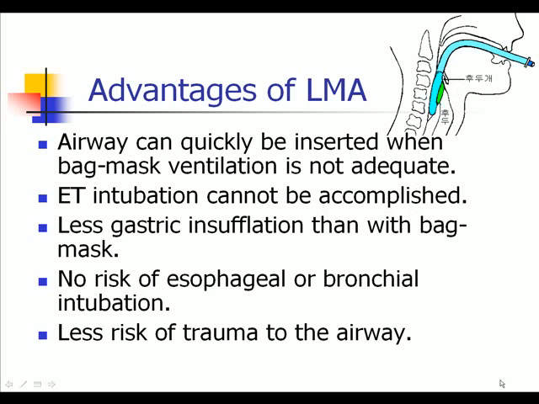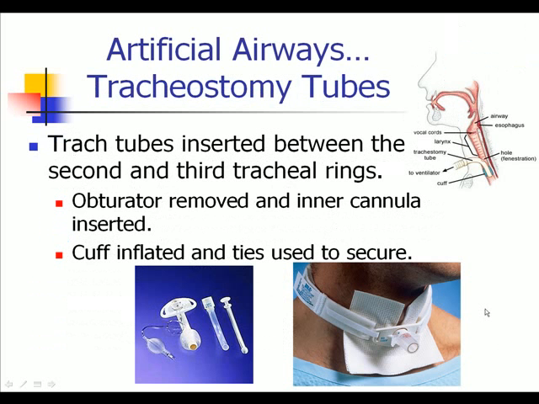Well, as compared to the LMA that we just covered for short-term ventilatory support, we have tracheostomy tubes, which are typically utilized for longer support or patients who are unable to successfully wean from mechanical ventilation.